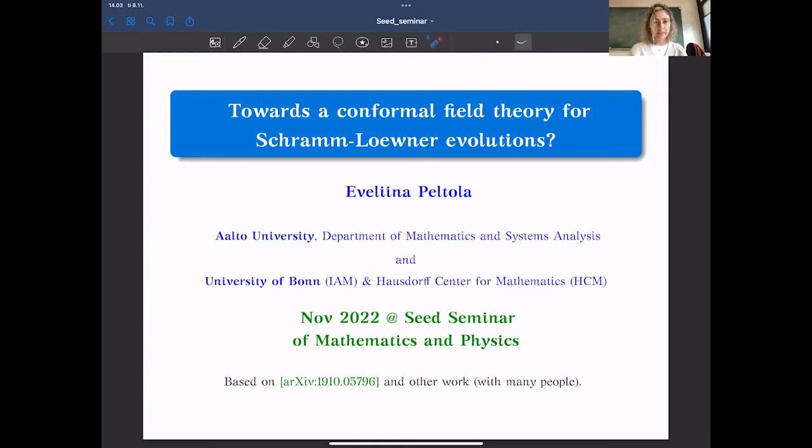Today's topic, and also our next three seminars, will be about CFT, conformal field theory. We choose this because it's an important subject for mathematicians and physicists, and it has important applications to many areas from string theory to statistical mechanics.